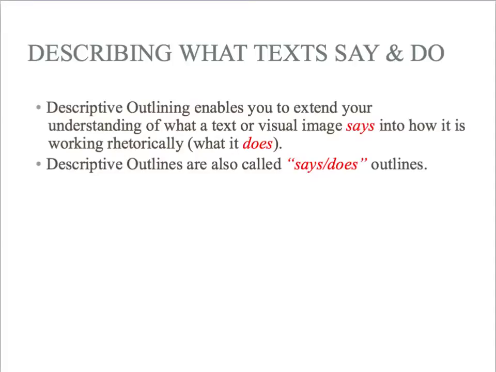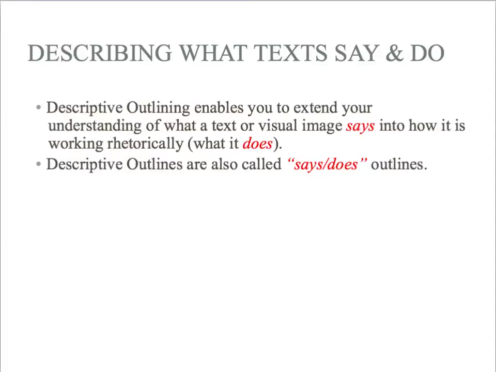So the terms that you've outlined on that handout and defined are going to become critical to your descriptive outlining process. Descriptive outlining enables you to extend your understanding of what a text or visual image says into how it is working rhetorically, or what it does.